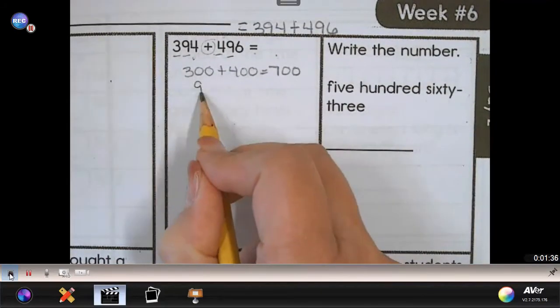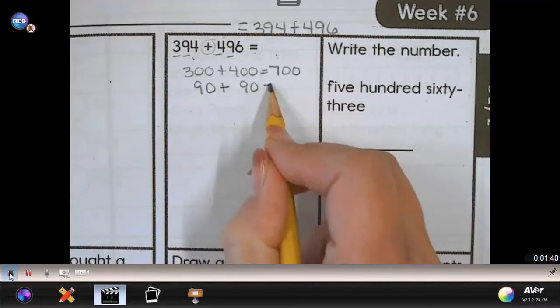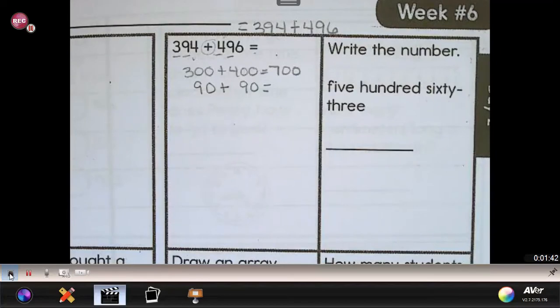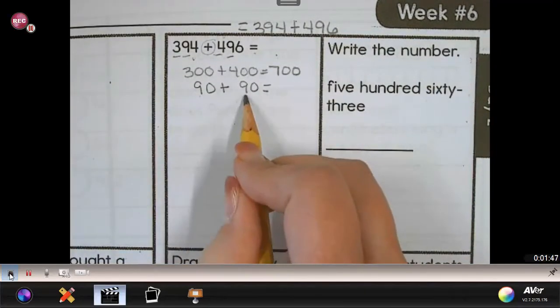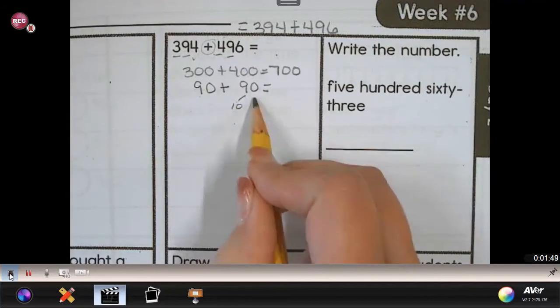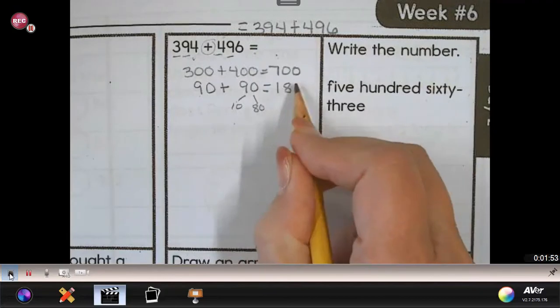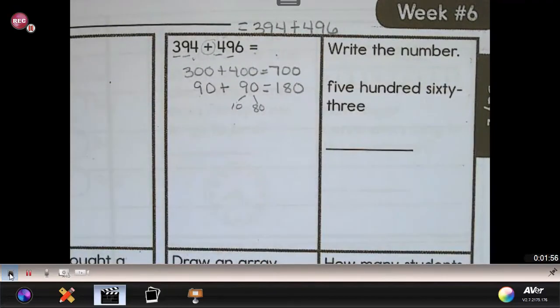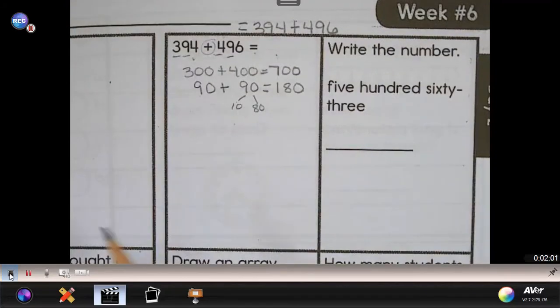And of course 90 is very close to our next 100, so that tells us we're going to have to regroup. So 90 plus one more 10 from here would be 100, and that would give me 80. So this is 180, if you just wanted to think about how to do this as a mental strategy.